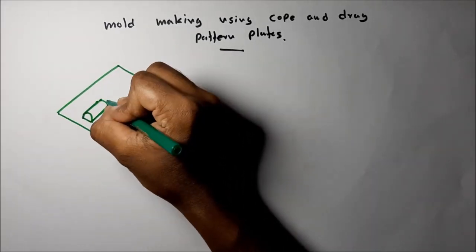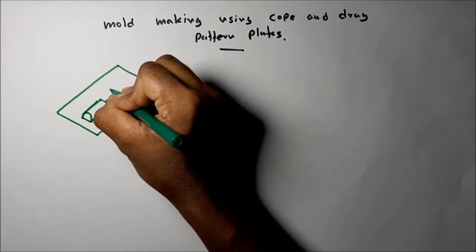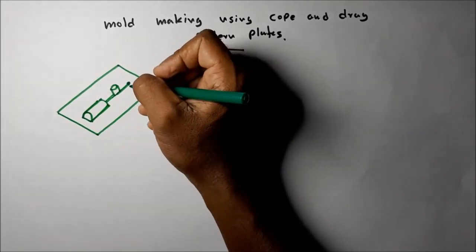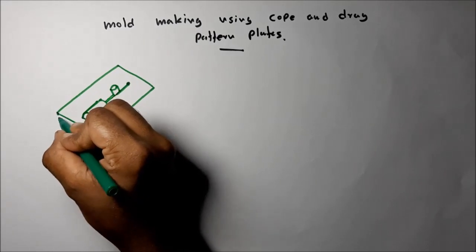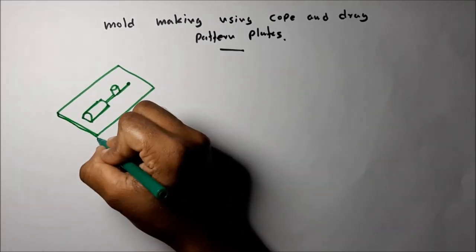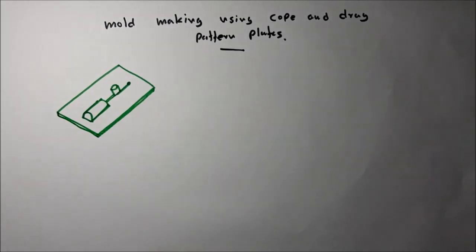Then the runner, and this is the pattern plate. This is the cope pattern plate.